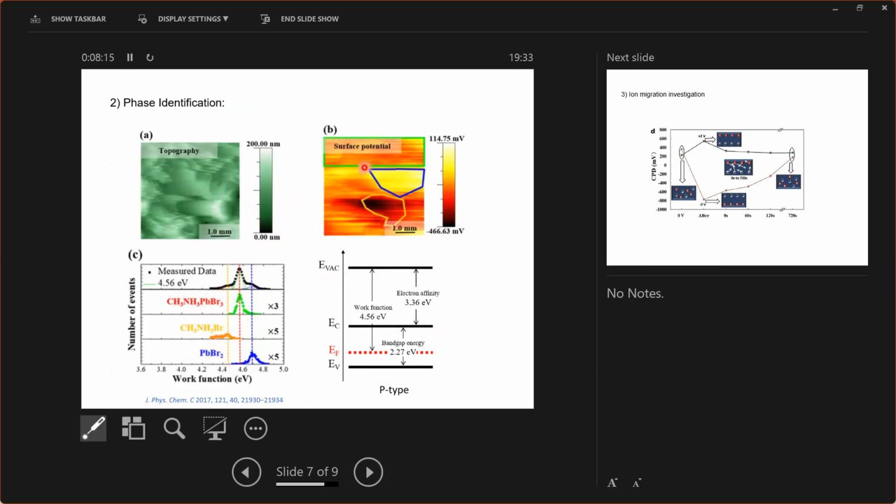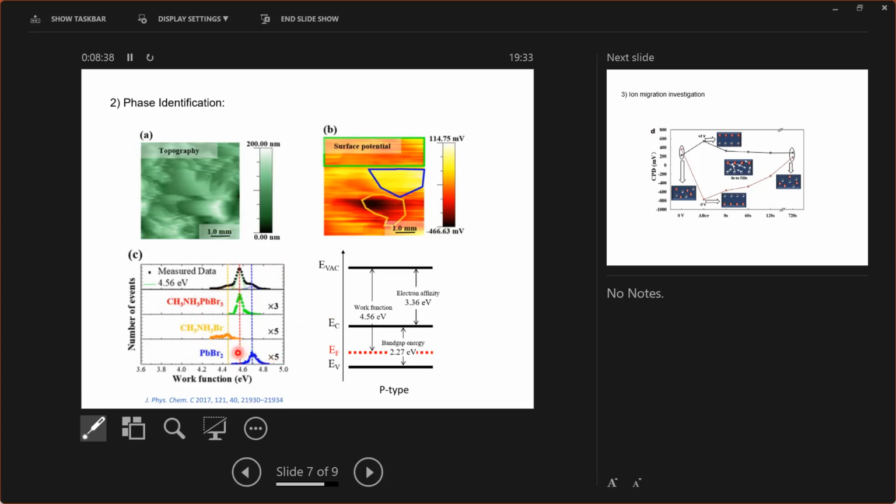And this is the CPD graph of this material. Here we can see three different potential differences in these positions. They scanned three different positions, and they show that this position matches MAPbBr3.